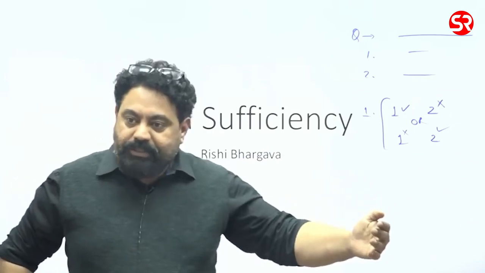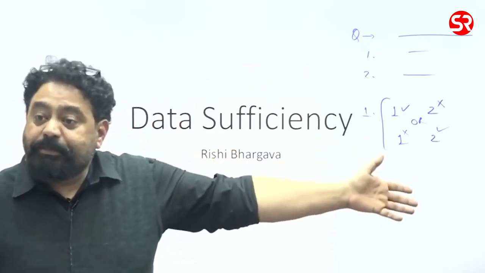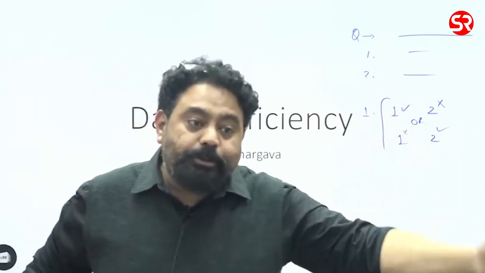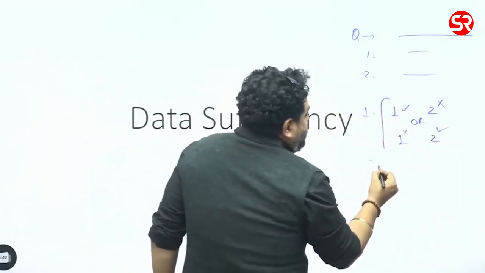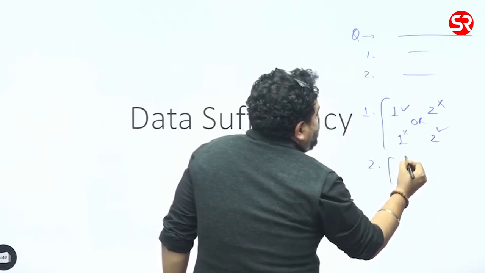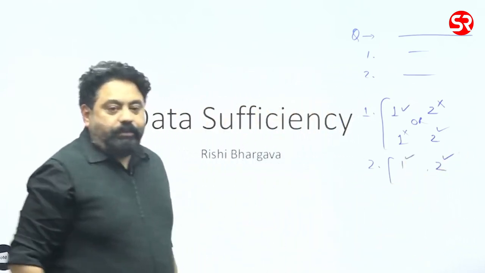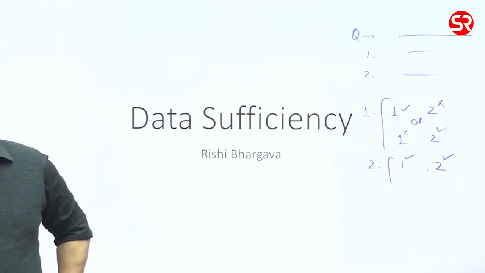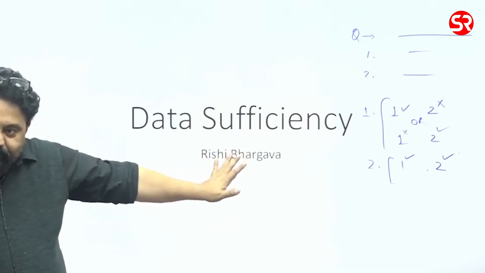The first statement gives the answer but the second does not, or the first does not but the second gives the answer. Then your answer is 2 when the first statement is giving you the answer and the second statement is also giving the answer to the question. UPSC is giving ditto the same options, don't worry.